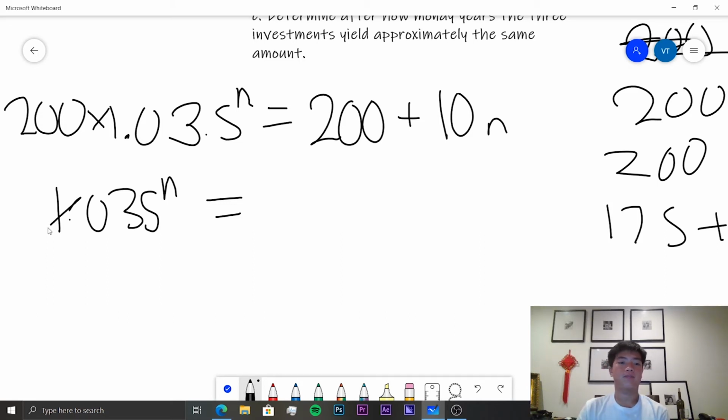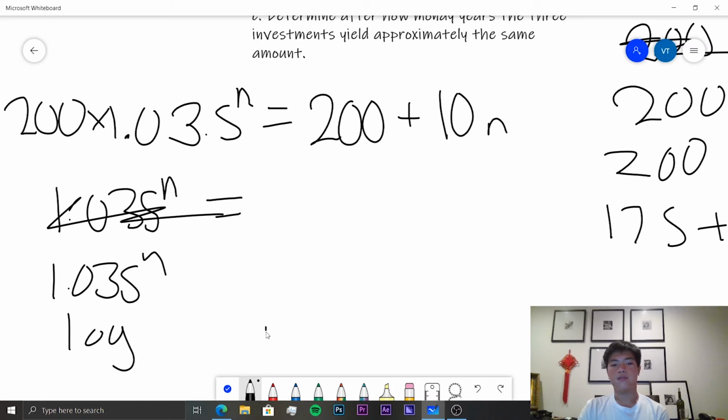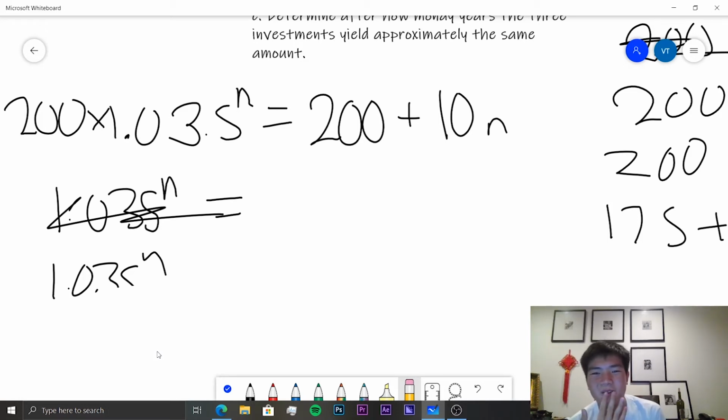So let's think. 1.035, if we take the log of this, we have n here, but we also have n here, and we kind of don't want that. I mean, we could use recursion, but I don't want to do that, and I feel like there's an easier way to do this.